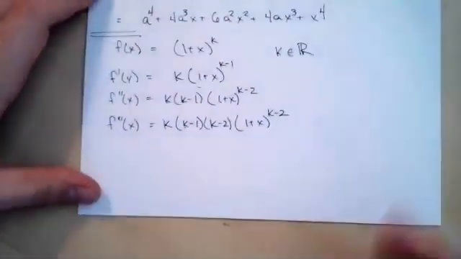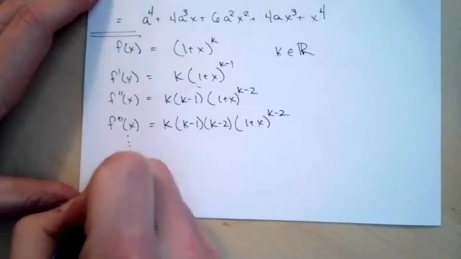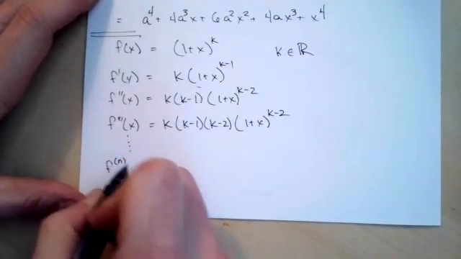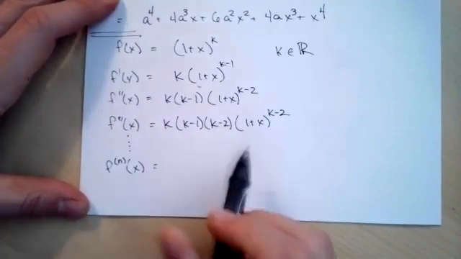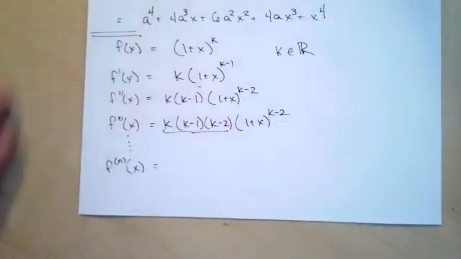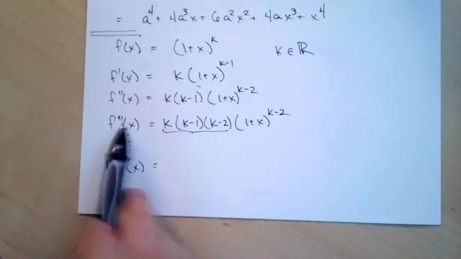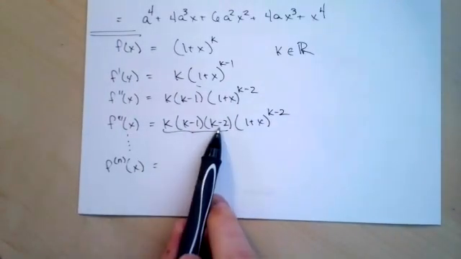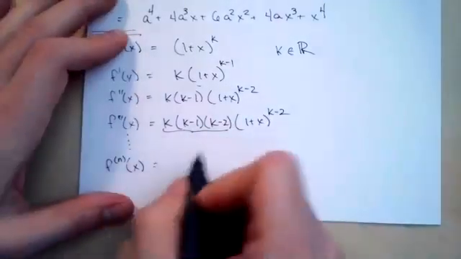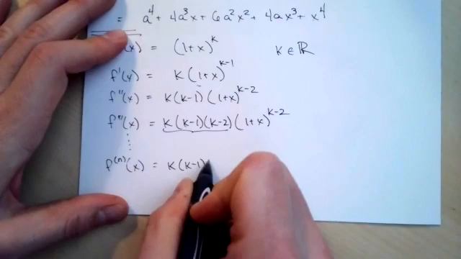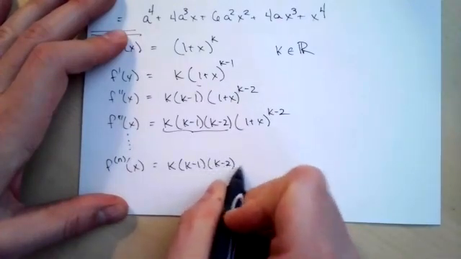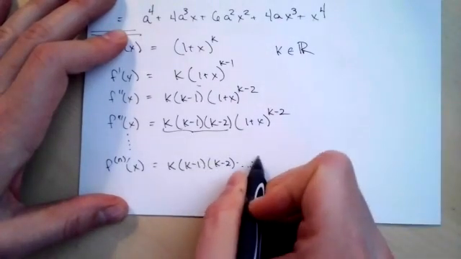And so if we were to keep going, when we have n derivatives, what does this term look like it's going to be? If I take 3 derivatives, I have k times (k minus 1) times (k minus 2). So as I take n derivatives, we're going to have k times (k minus 1), (k minus 2), and we're going to keep multiplying.